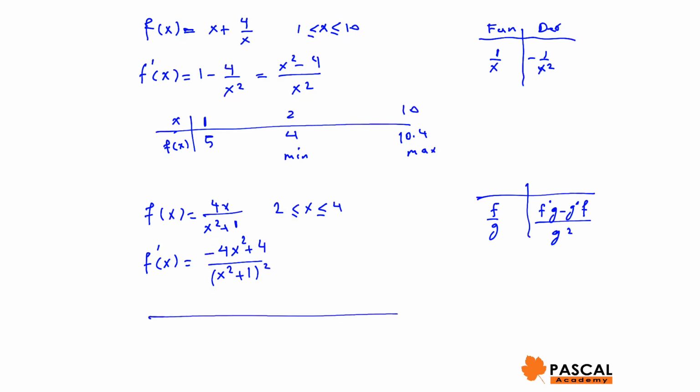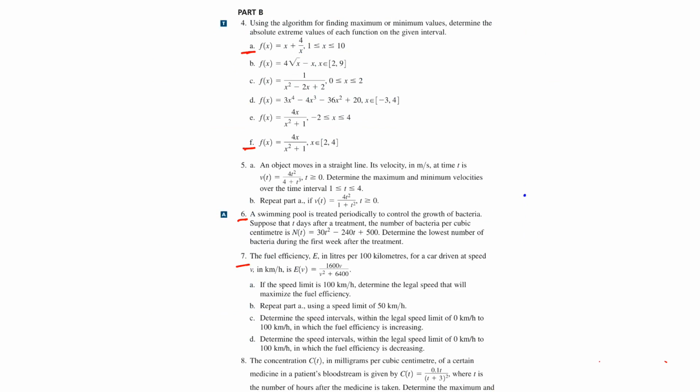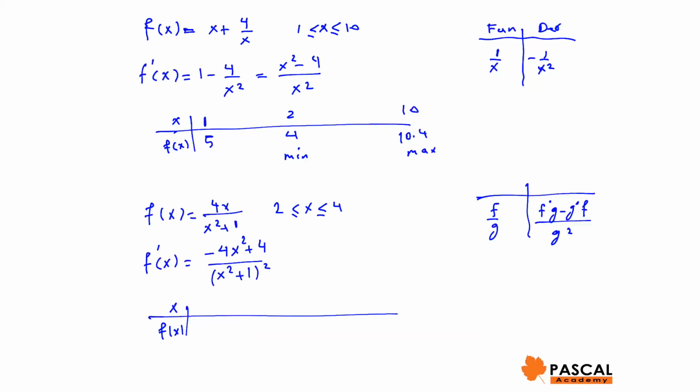At 1 and -1, the derivative is 0. -1 is not within the interval. 1 is also not in the given interval. Therefore, we have to calculate the value of the function at endpoints 2 and 4.